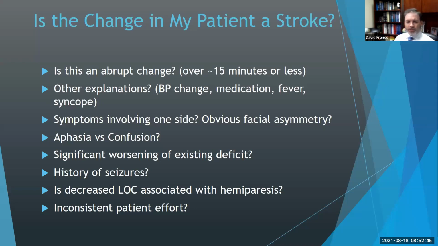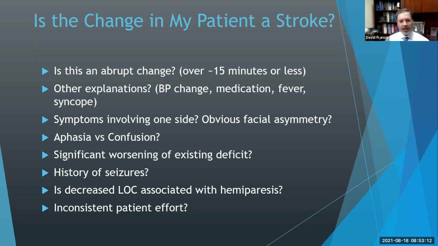And then sorting out confusion. So obviously confusion or disorientation is very common, and that can happen acutely or at least relatively quickly in the delirious patient. What is the actual confusion and what is actually more of a language problem? Confusion involves impairment of the entire brain.